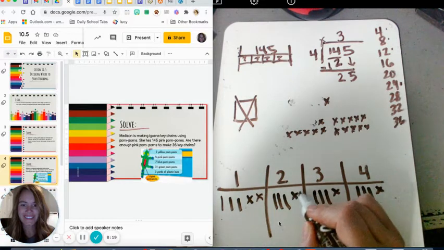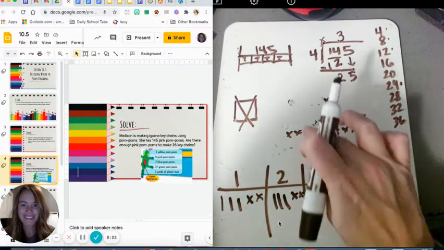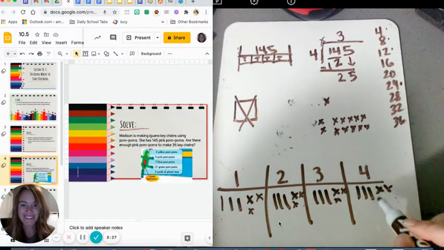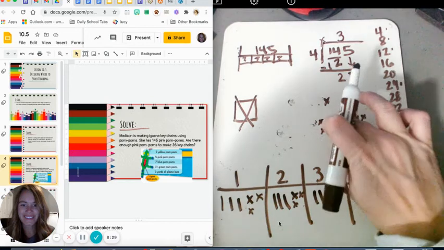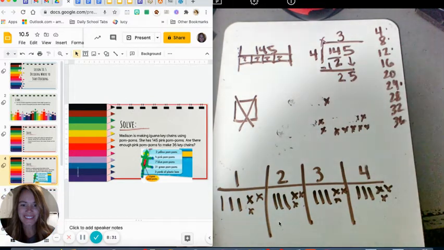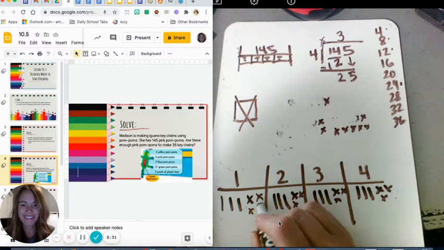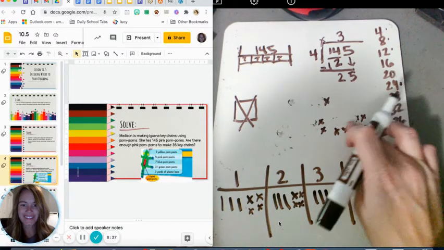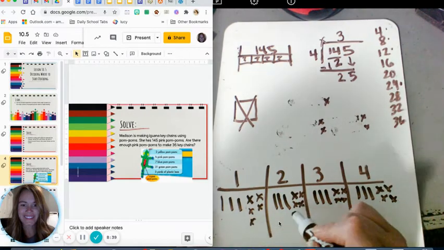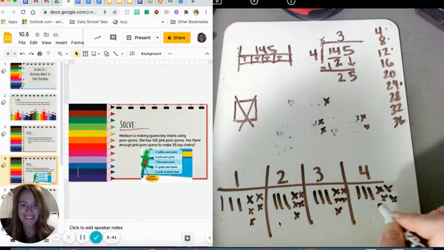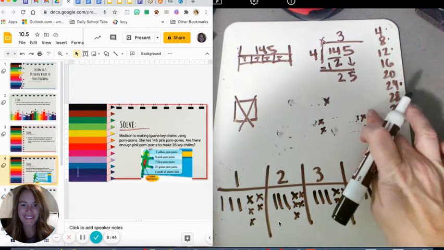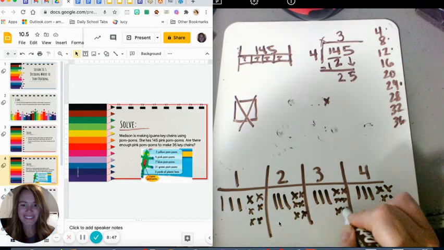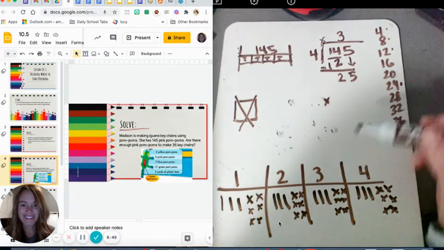I could use these 4, and these 4, and these 4, and these 4, and these 4. And you notice I have 1 left, so I can't do it again.